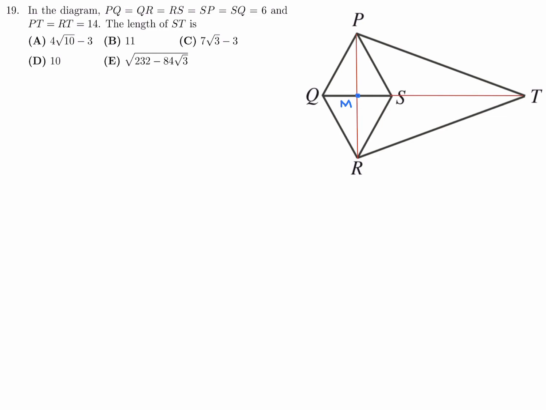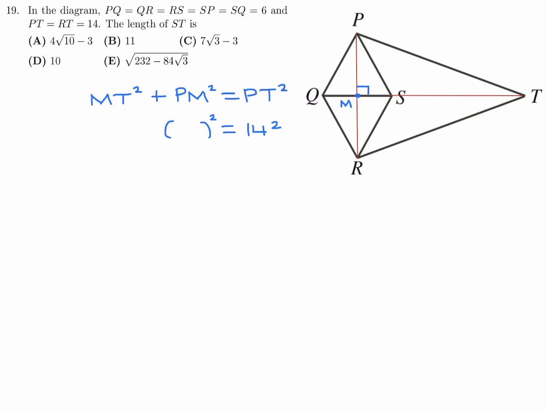First and foremost, I can notice that this is going to be a right angle. So I've got a Pythagorean relationship that MT squared plus PM squared is equal to PT squared. Now PT, they told me, is 14. PM, I don't know yet, but I can pretty much figure that out.